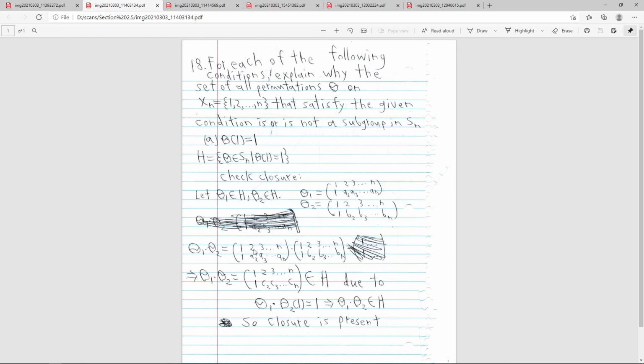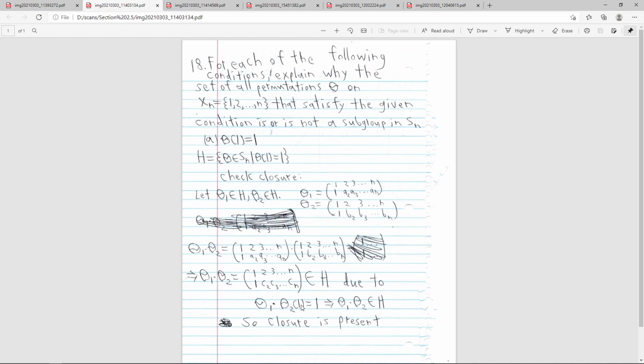So 1 goes to 1, 2 goes to a2, 3 goes to a3, multiplied by theta 2, and obviously 1 goes to 1, 1 goes to 1. You'll get 1 goes to 1 in the product, 2 goes to c2, 3 goes to c3, and eventually n goes to cn, and that's included in H, obviously.